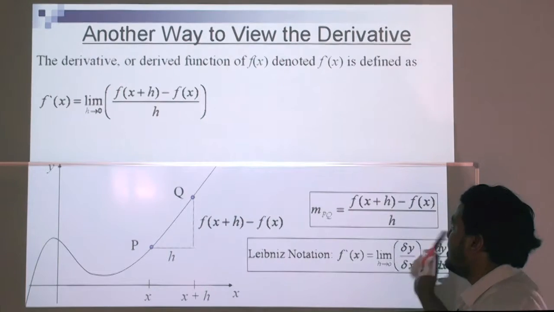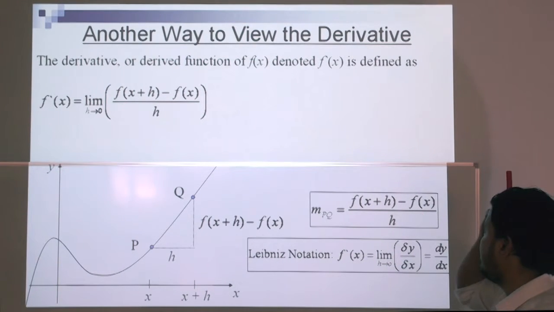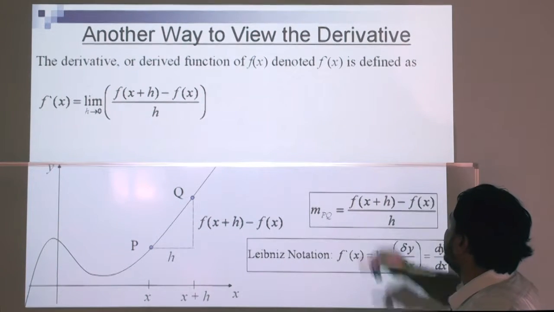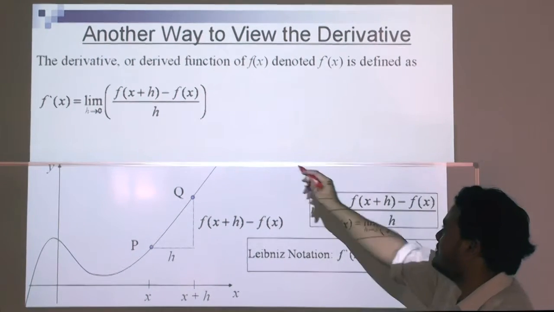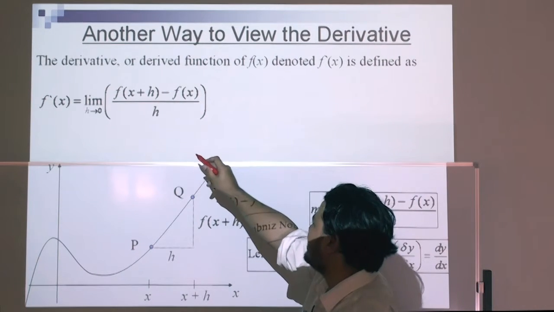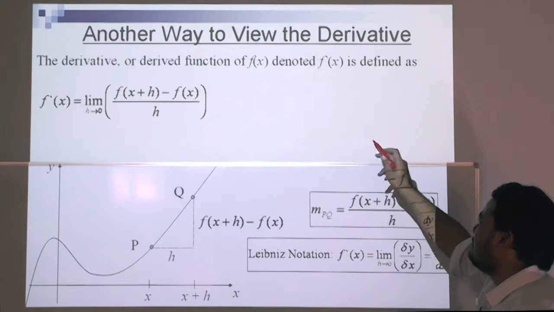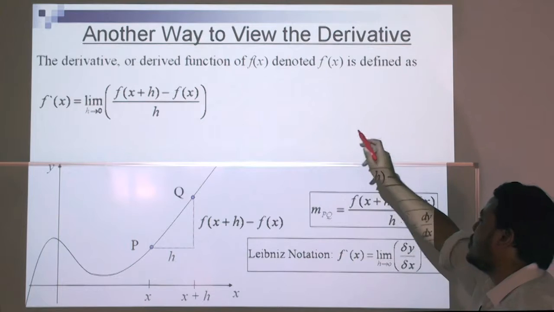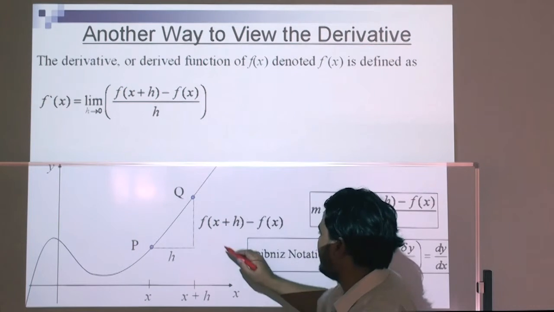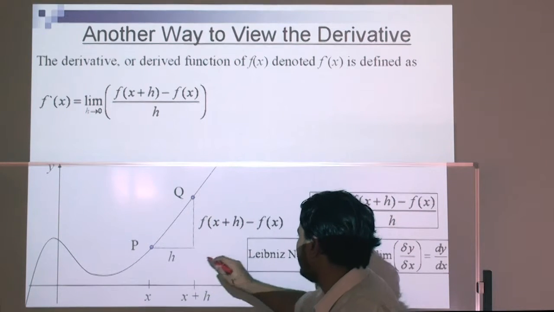Another way to view the derivative, or derived function of f(x), denoted f prime x, is defined by our derivative law, the first principle: f prime x is equal to the limit as h approaches 0 of f(x plus h) minus f(x), over h. If you look here, you have x plus h and x, and the difference is h.